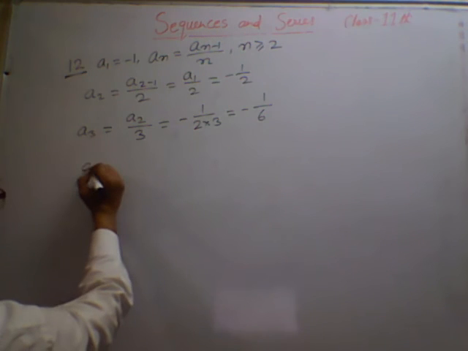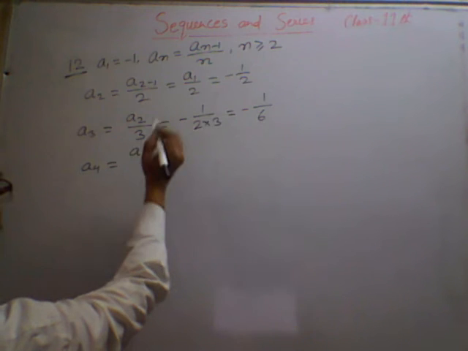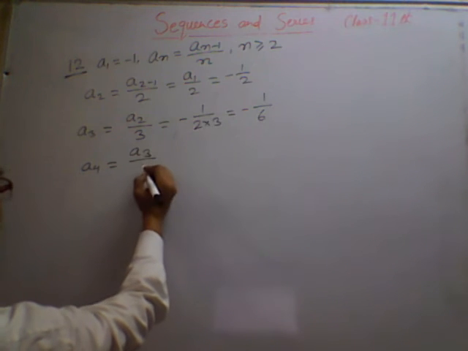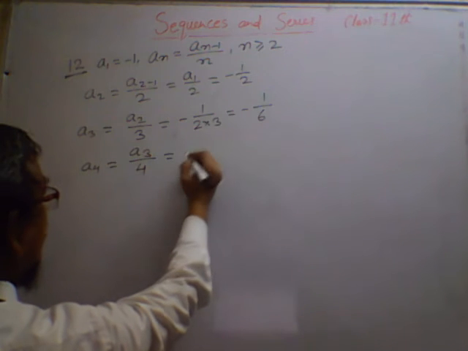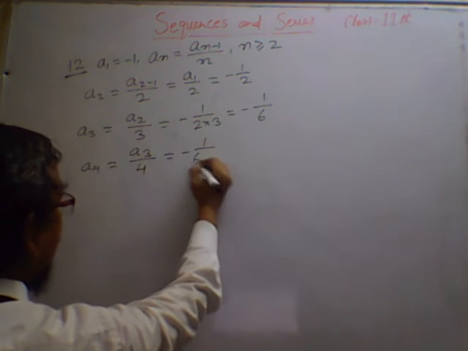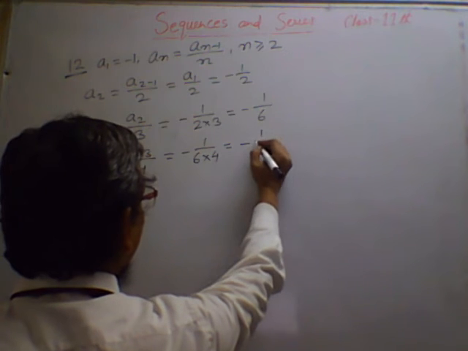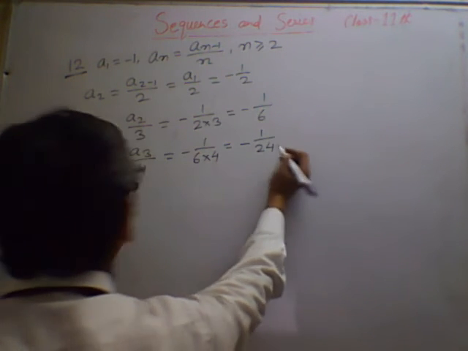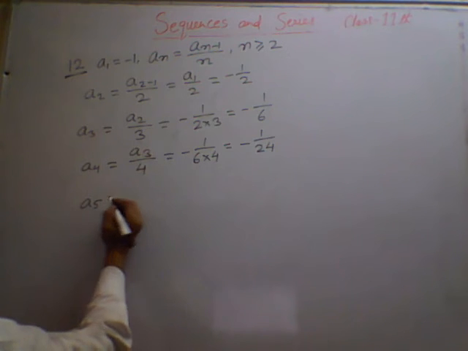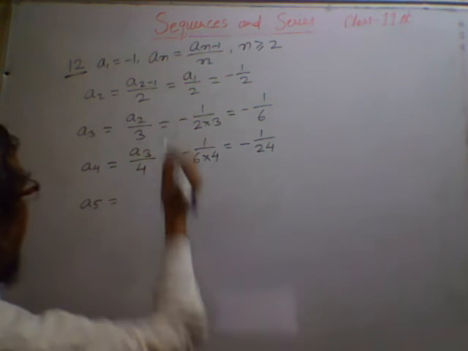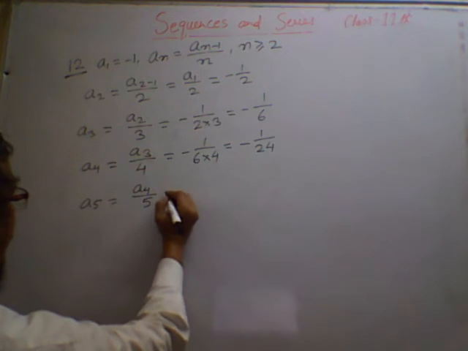Now we will find out a4. a4 is equal to a4 minus 1, which means a3, over 4. Value of a3 is minus 1 over 6 into 4. It will be minus 1 over 24. Now a5 equals a5 minus 1, which means a4, over 5.